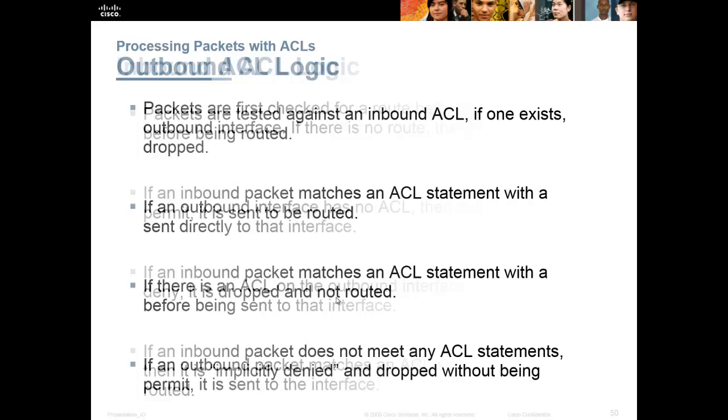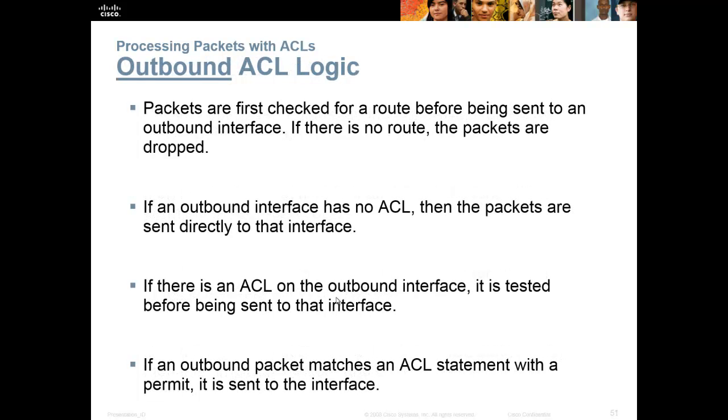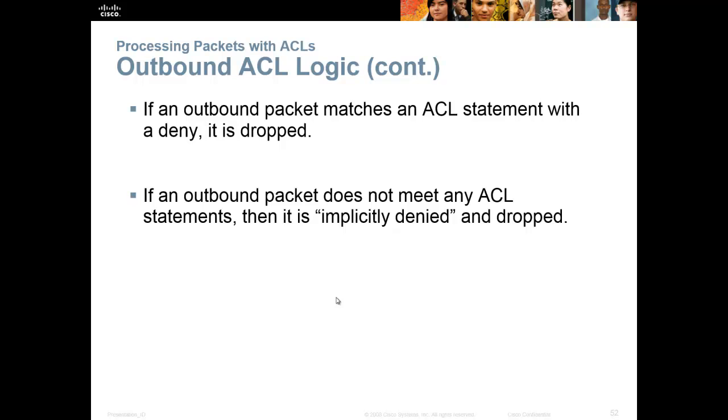All right, and then outbound packets are first routed, so the routing lookup is done, then they're routed. So outbound interfaces, remember, still get routed first, and then it checks the ACL. So you have to think about what you want to happen first. All right, obviously, again, if an outbound packet matches a deny, it gets dropped.